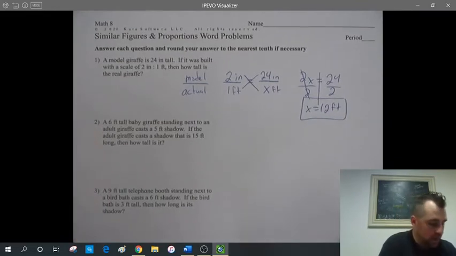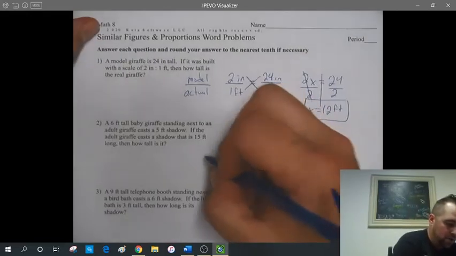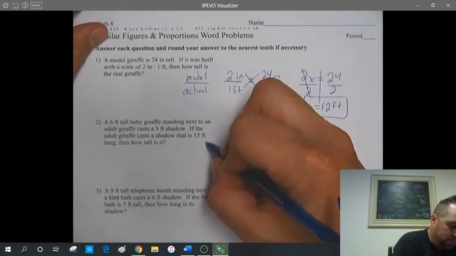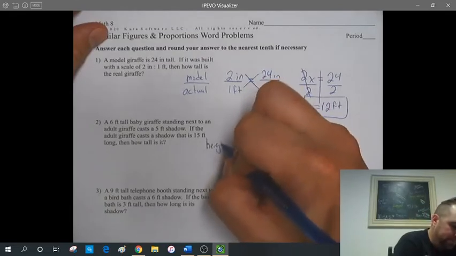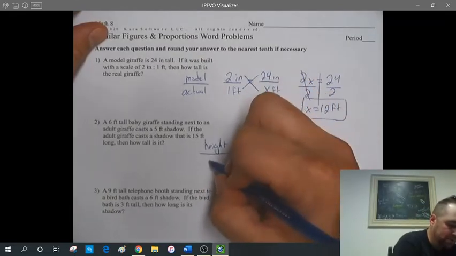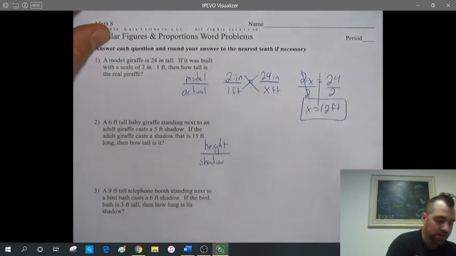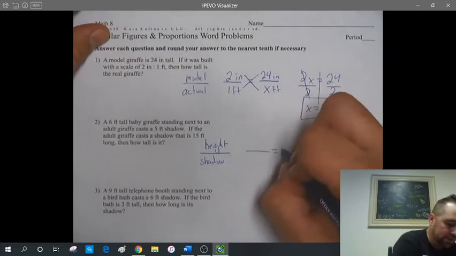Number 2, a 6 foot tall baby giraffe. A lot of theme here with the giraffe questions. Standing next to an adult giraffe casts a 5 foot shadow. Here we're comparing height of animal to length really of shadow in each of these comparisons.